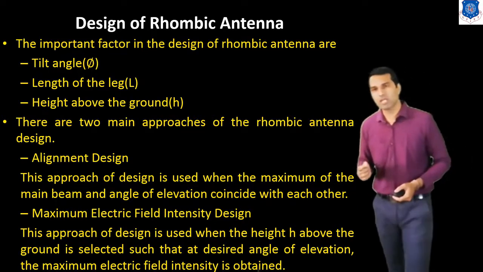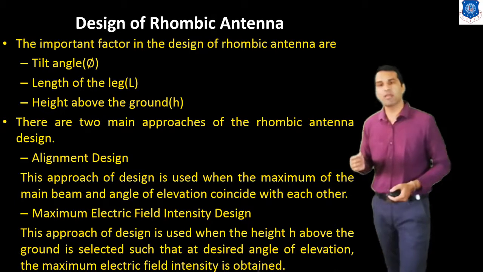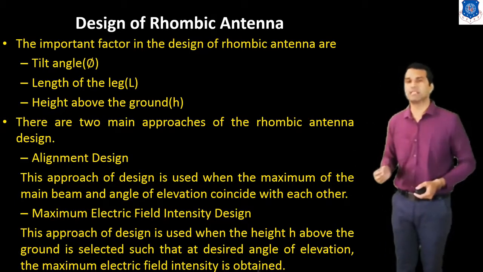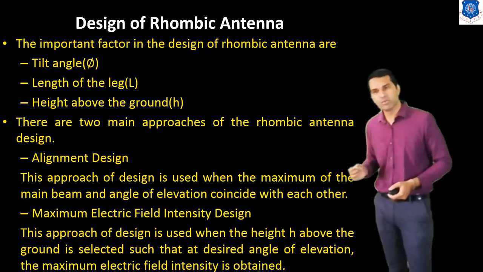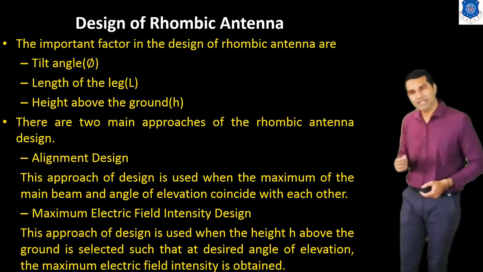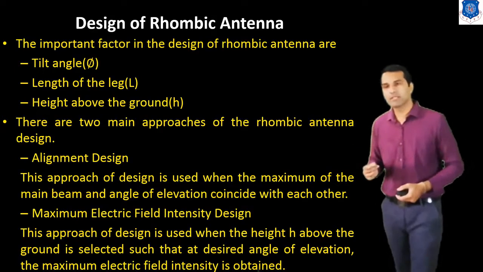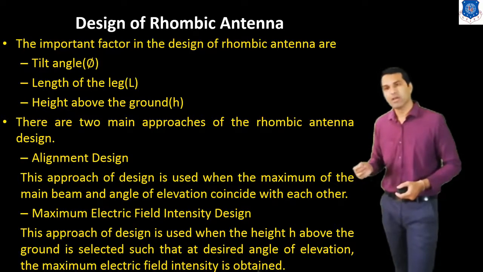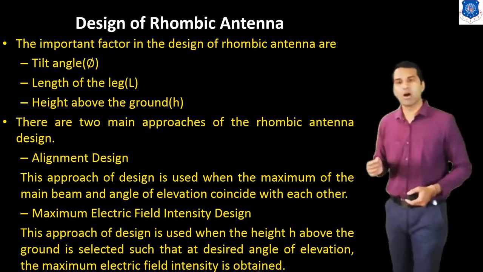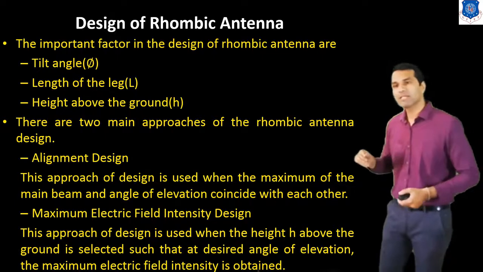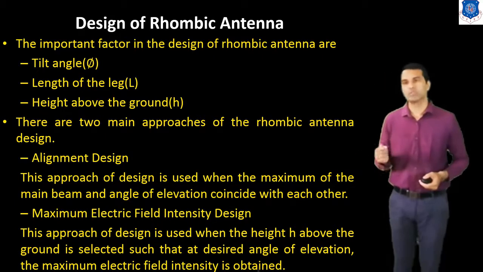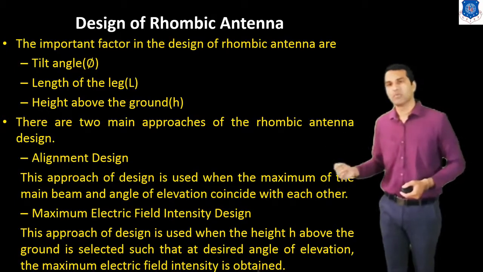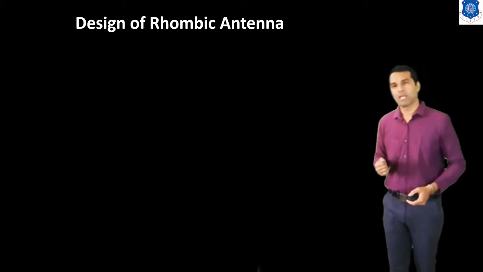The second approach is the maximum electric field intensity design. This approach is used when the height h above the ground is selected such that at the desired angle of elevation, the maximum electric field intensity is obtained. So these are the two approaches for designing the rhombic antenna.